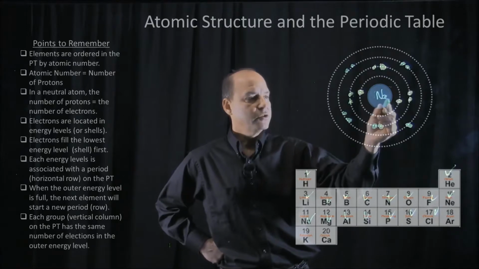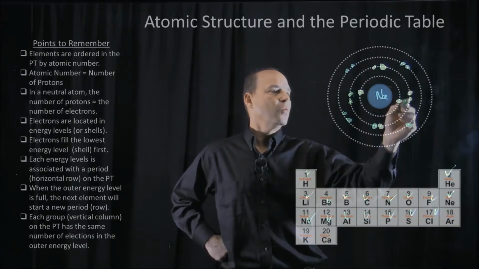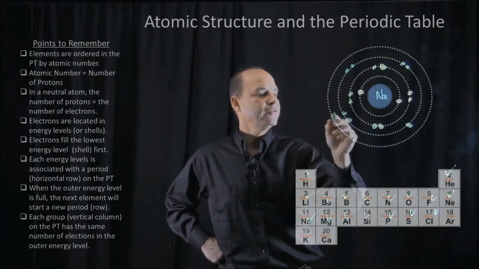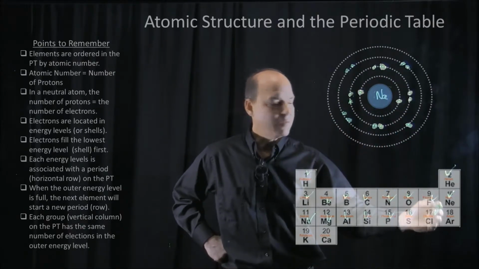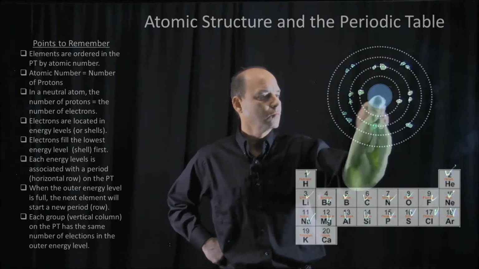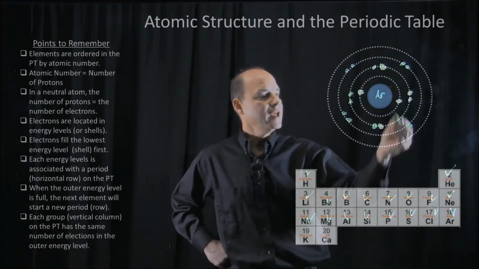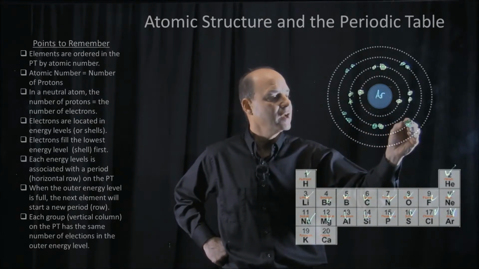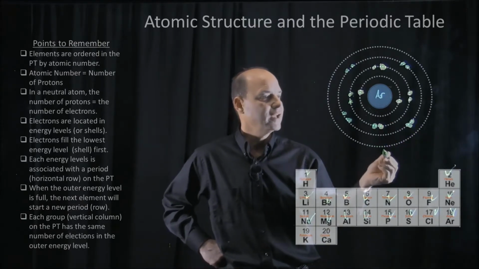Okay, so 2 in the first. I've got 8 in the second. I've got 1, 2, 3, 4, 5, 6, 7 in this third energy level. I'm now ready to build argon. Argon is going to add that last electron out here in the third energy level.